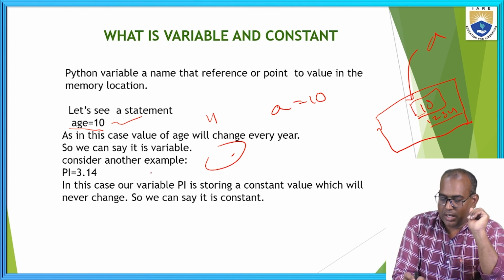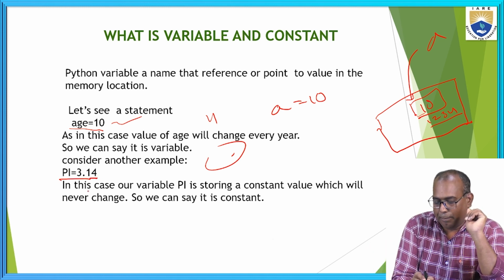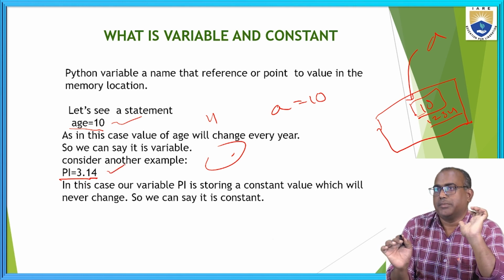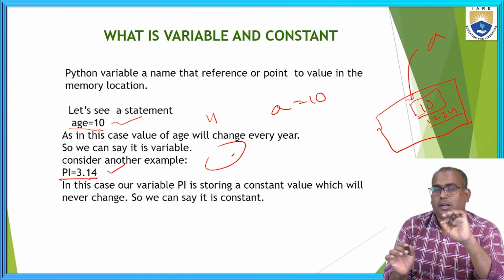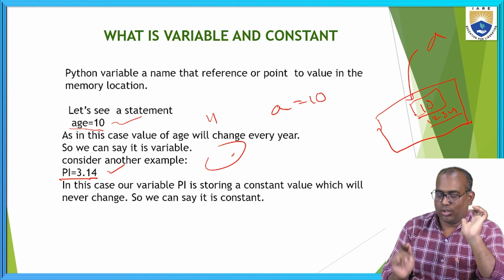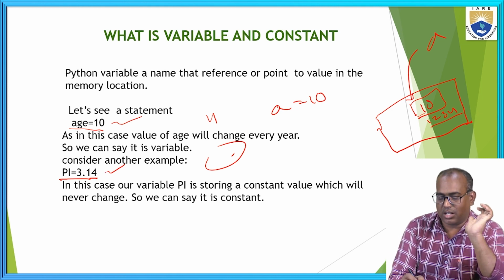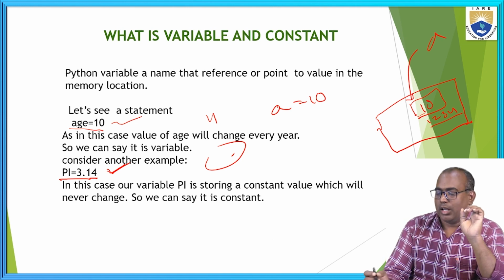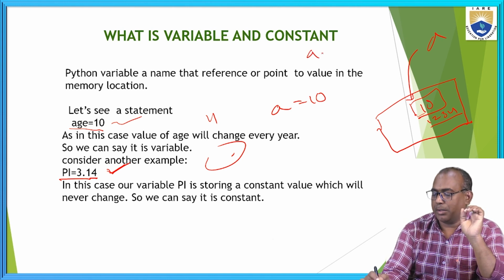If you observe another example, pi equal to 3.14. The value will not change. The pi value is 3.14 throughout the program. After 1 year also the value will not change. These are called constants. In our program, suppose here I am declaring a is equal to 10.